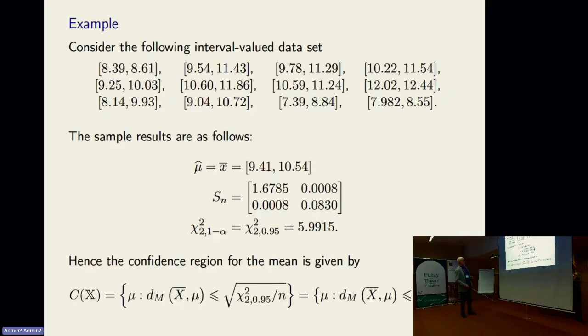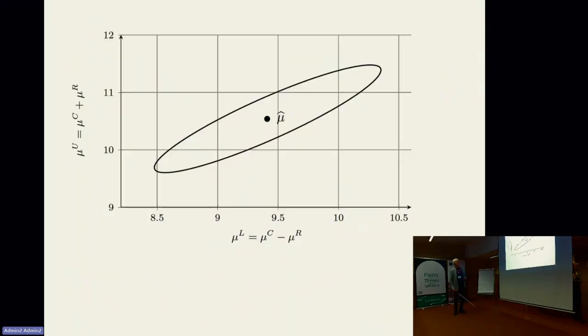N is 12, so if I divide this quantile by 12, I obtain something about 0.8. So my confidence region is obtained as the set of all intervals which are not more distant from this, with respect to the Mahalanobis distance, than that value. And this is a picture of how it looks.